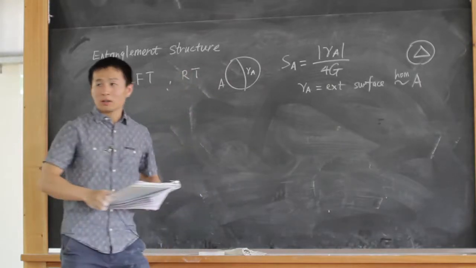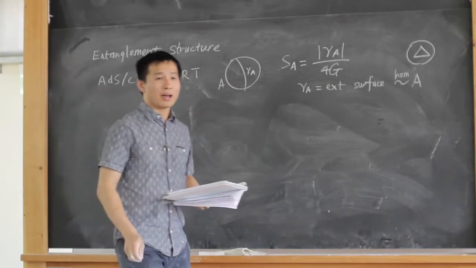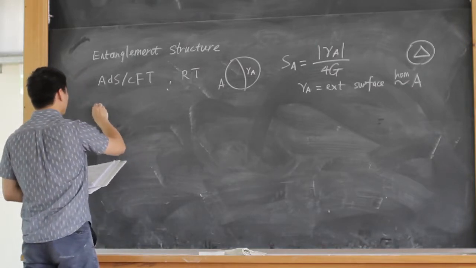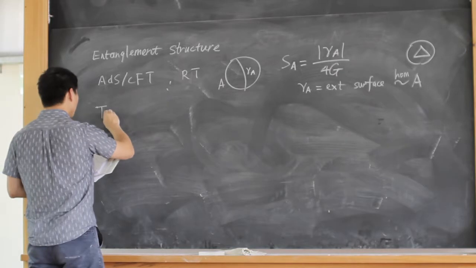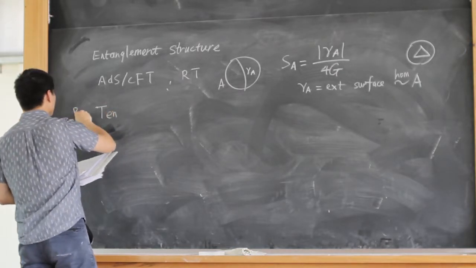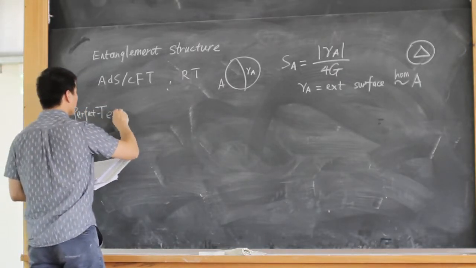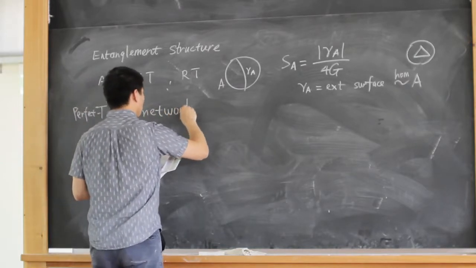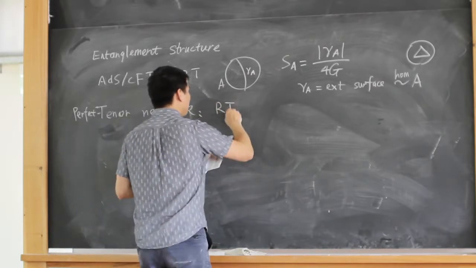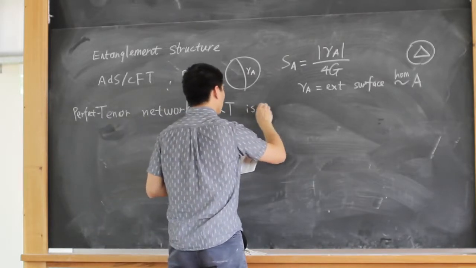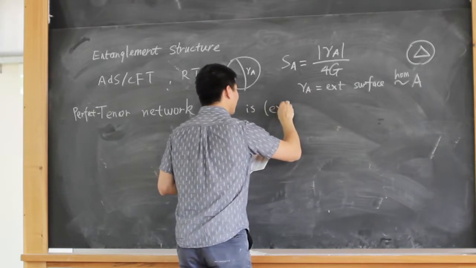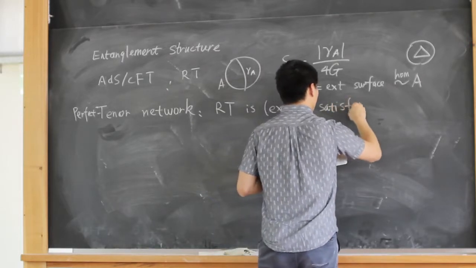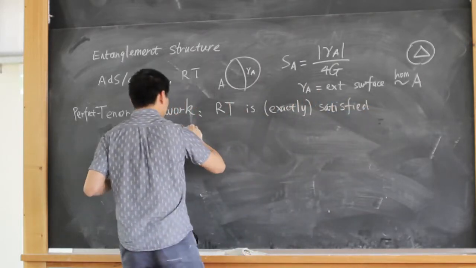Let me first make one comment. In the tensor network that we have constructed, the perfect tensor network, RT is exactly satisfied only in special cases.